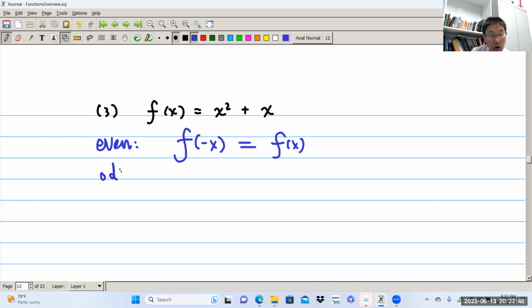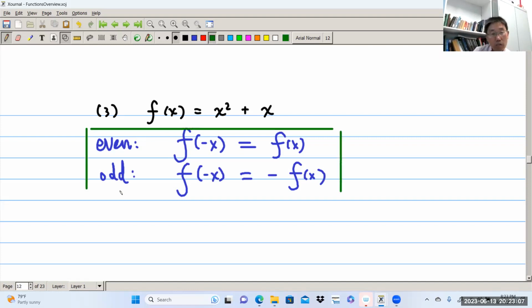If the function is odd, then f at the opposite of x and f at x should be opposite. Remember that? So f at negative x is negative f of x. So basically, in order to test even or odd of a function, you just need to check this.